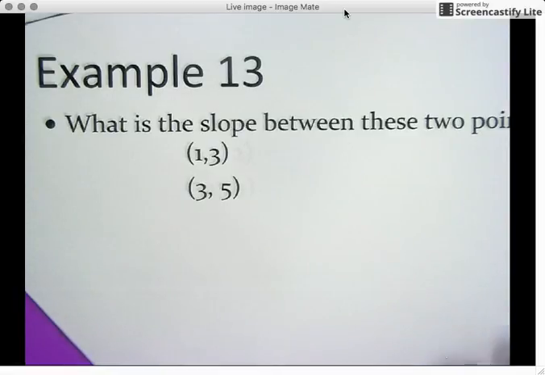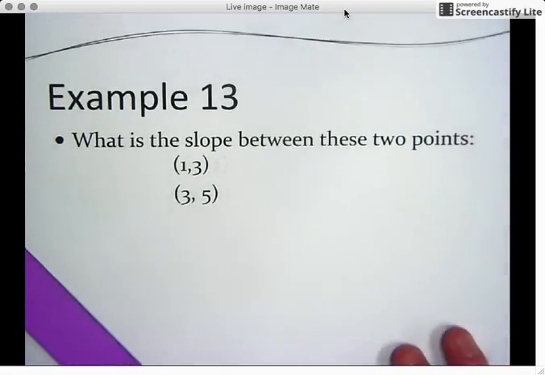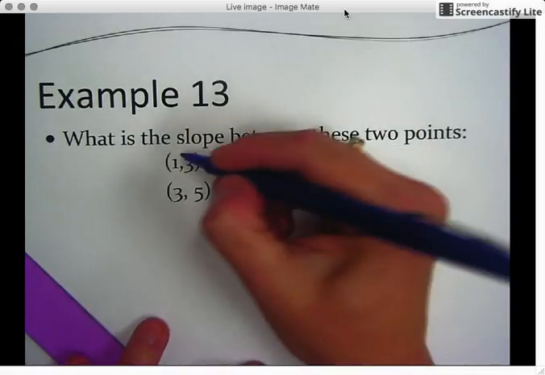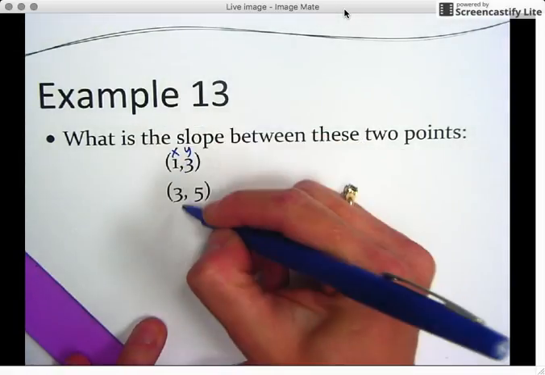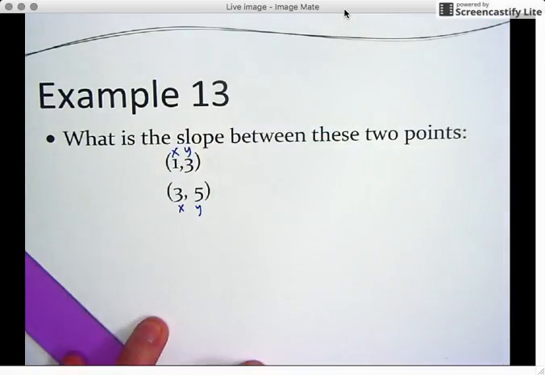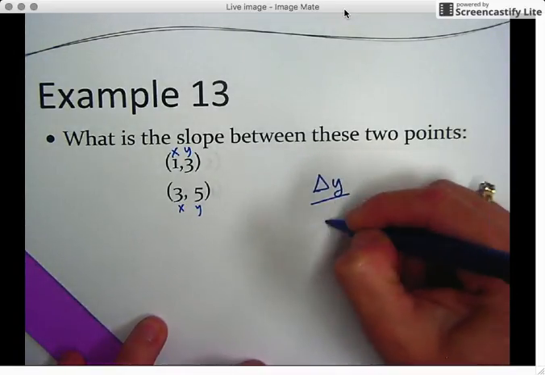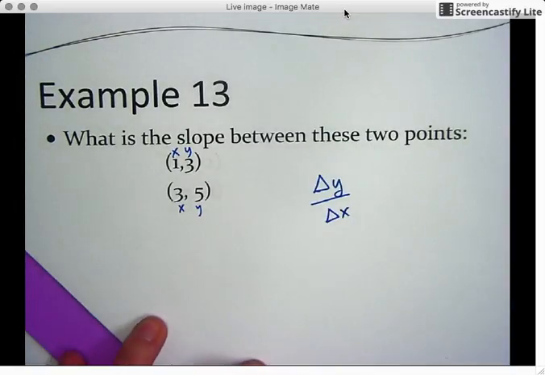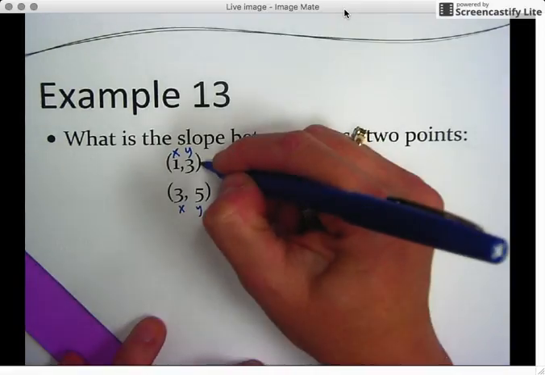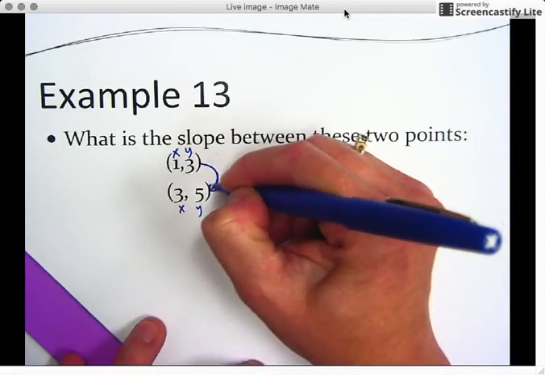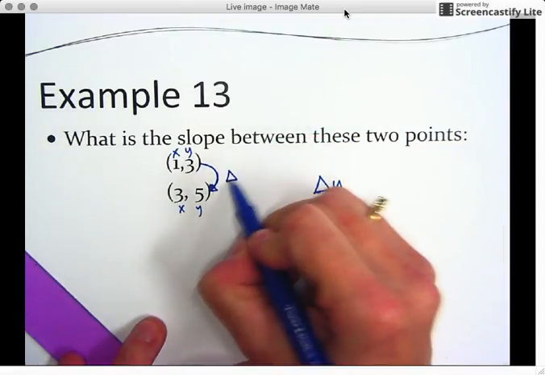Okay, so I have these 2 ordered pairs. Let me zoom out just a little. This is an x, this is a y, this is an x, this is a y. So if I'm trying to find the change of y over the change of x, I probably should figure out how much those things are changing. If I asked you, how much does it change when you go from 3 to 5?